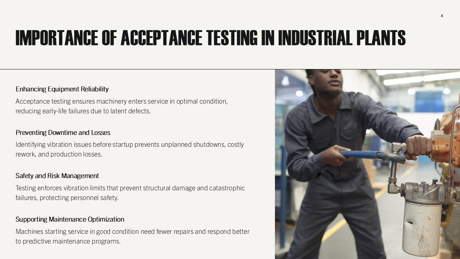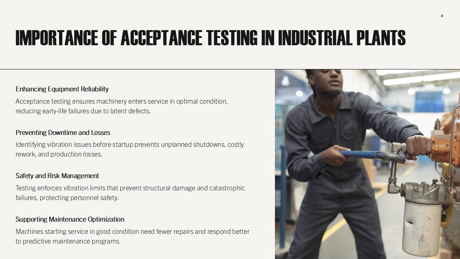Acceptance testing also plays a vital role in safety and risk management. Excessive vibration can lead to fatigue failures, structural damage, and in extreme cases, catastrophic equipment breakdowns that endanger personnel. By enforcing vibration limits and verifying compliance before startup, plants significantly reduce the likelihood of such events.